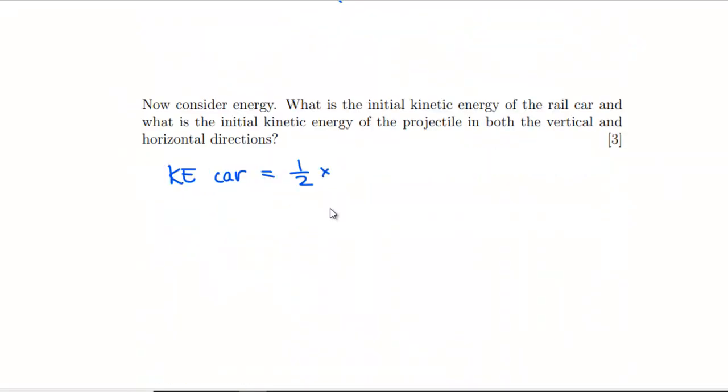So a half times 200 times 100 squared. So that's 100 cubed, which is 10 to the 6 joules. The horizontal kinetic energy of the projectile is a half times, mass was 10, wasn't it?